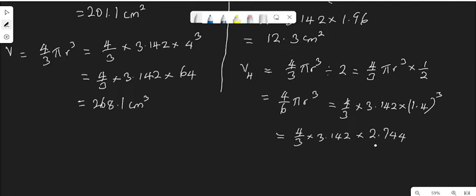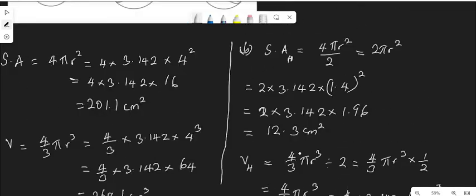Again, when we put all of this into the calculator, times 3.142 times 4, that is 34.48 approximately, then divided by 3. Divided by 3 is 11.5 approximately centimeter cube as the volume of the hemisphere.